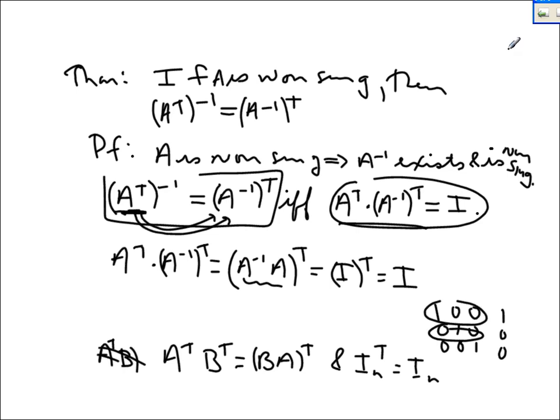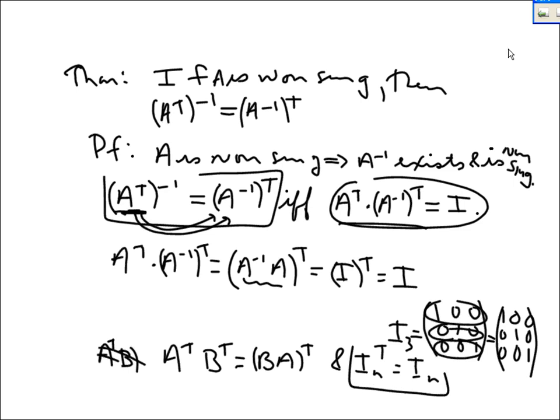If that's the second row, you want it to be the second column in the transpose. If that's the third row, the transpose would have that as the column. But notice, these are both identity matrices. They're both I3. And it's going to be true for I4 and I5 and I2.